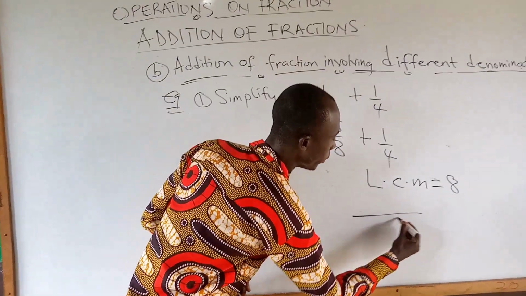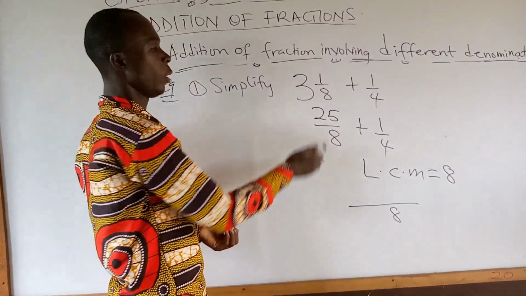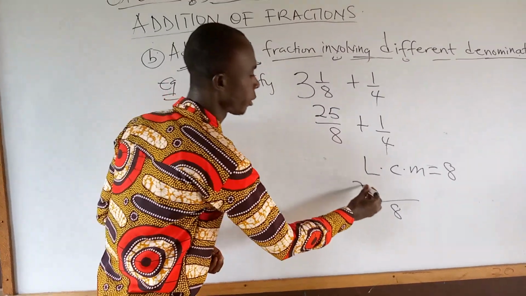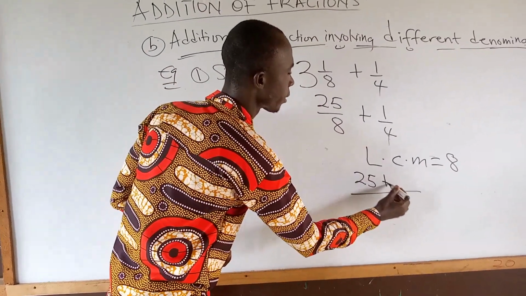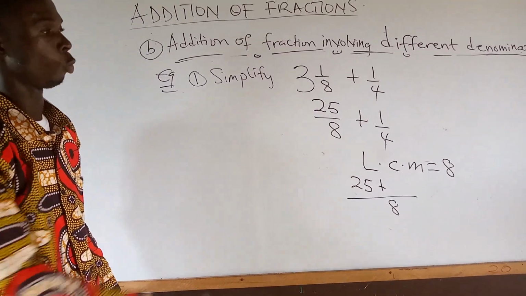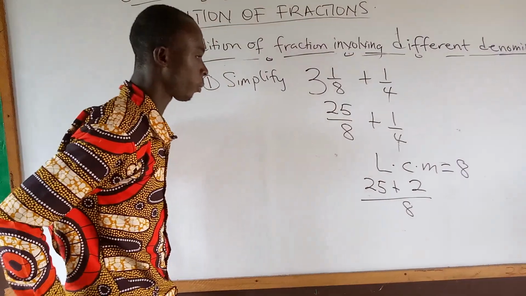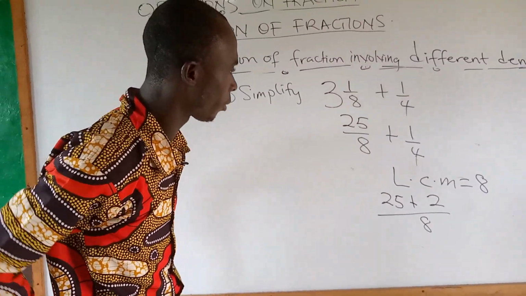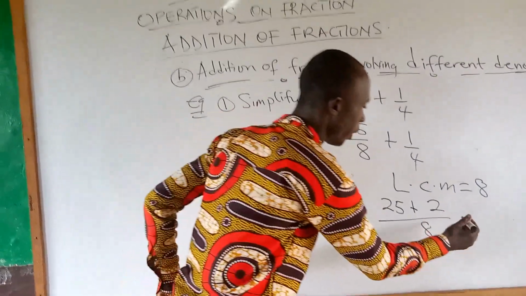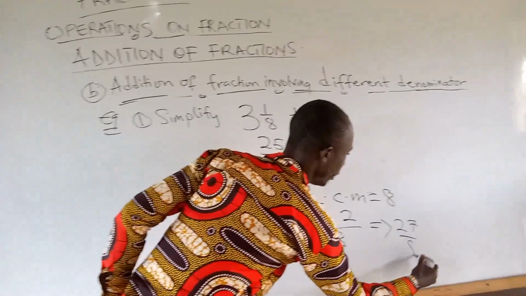So 8 goes into 8, how many? 1. 1 times 25 is what? 25. Plus 4 goes into 8, how many? 2. 2 times 1 is what? 2. So we have 25 plus 2 is what? 27 over 8.